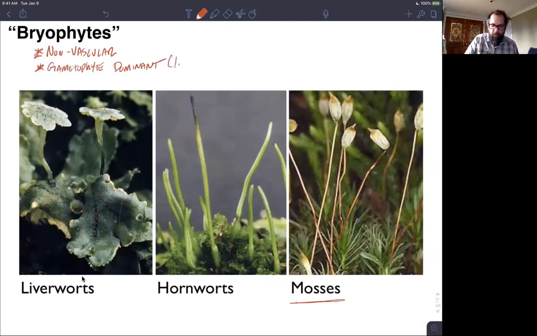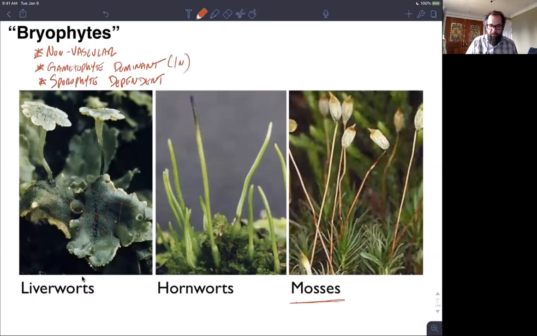So the haploid part of the life cycle actually dominates in bryophytes. As a result, the sporophyte is actually dependent on the gametophyte. So these are gametophyte dominant and sporophyte dependent.